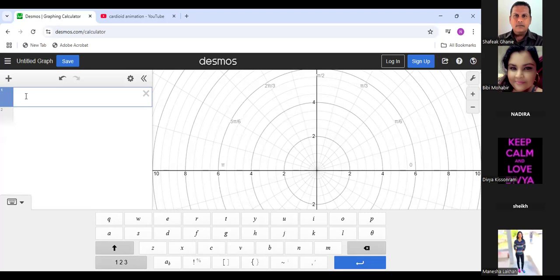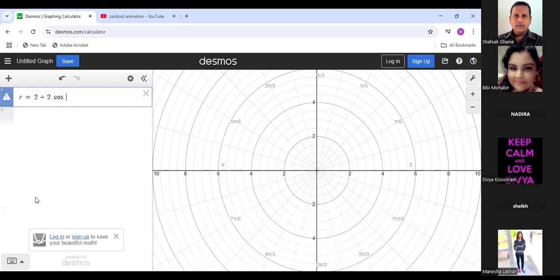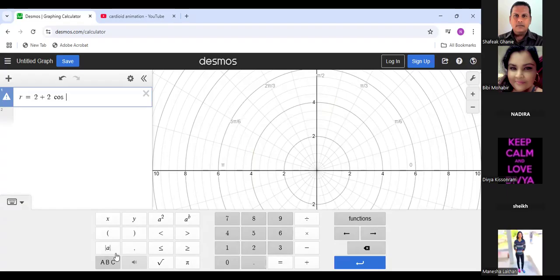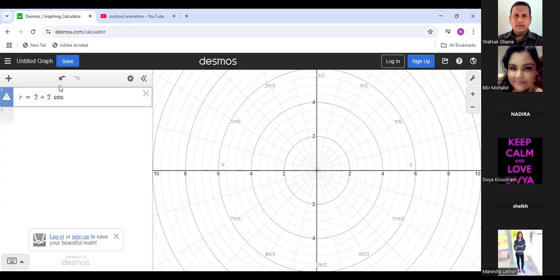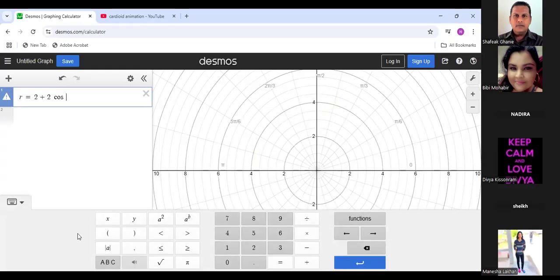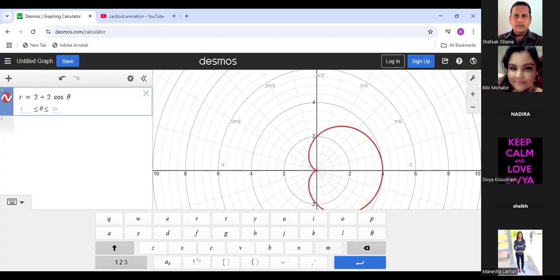Okay, so let's see in Desmos. So here we have the cardioid.